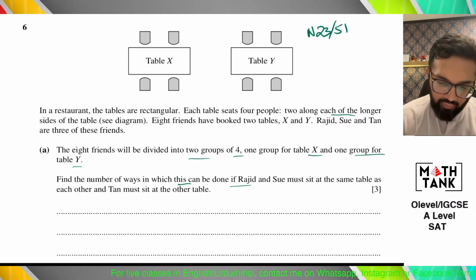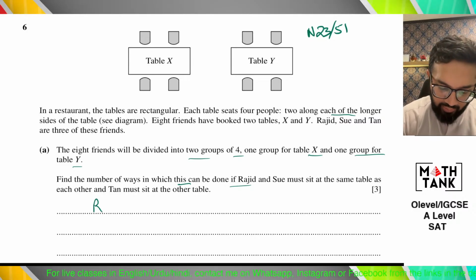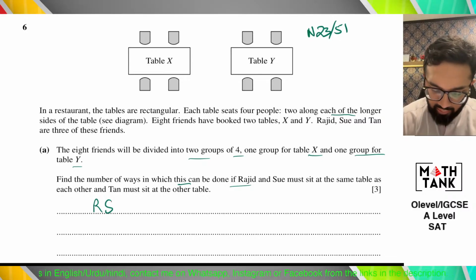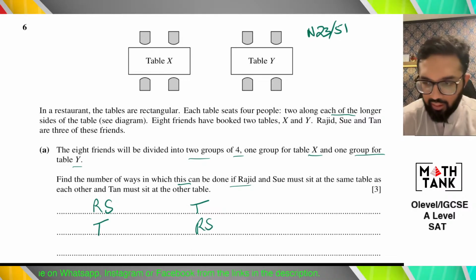Okay, so there could be two cases: Rajat and Sue are sitting on this table and then Tan is sitting on the other one, and then Tan is sitting here and Rajat and Sue are sitting here.